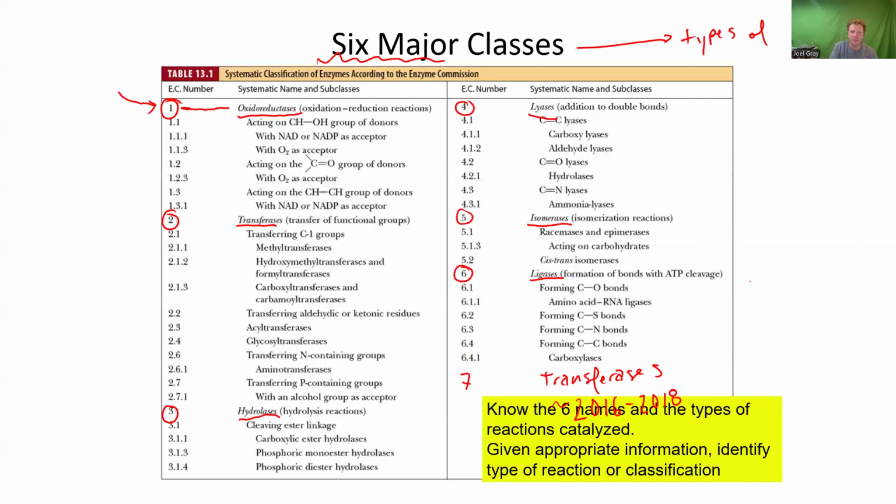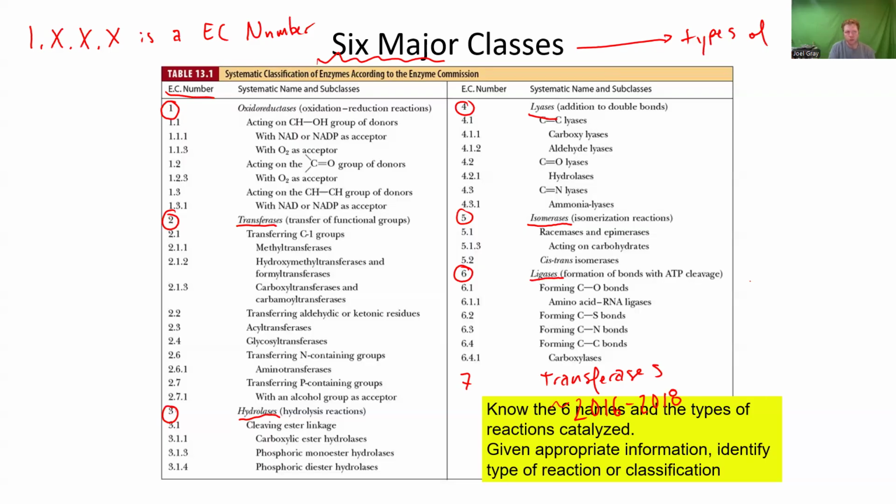Now I'm going to go back to this slide right here. So when you see 1.1, hypothetically, if I were to say, hey, what type of enzyme, the way that you would see this on an exam would be like 1.x.x.x is an EC number, enzyme classification number, for what type of enzyme.